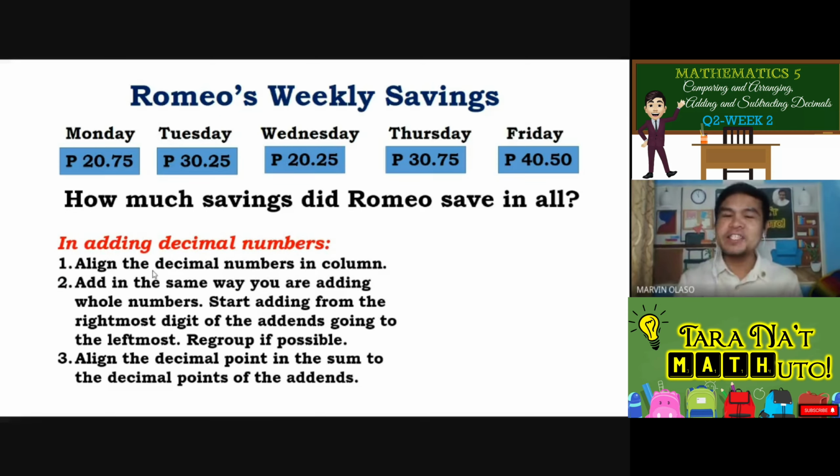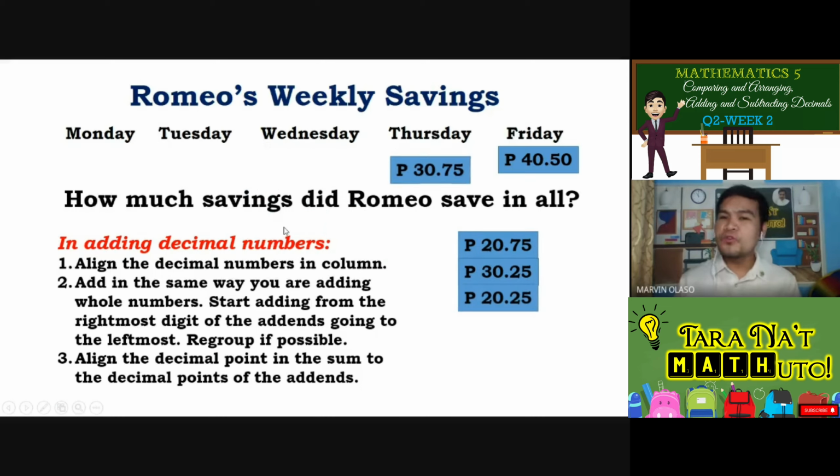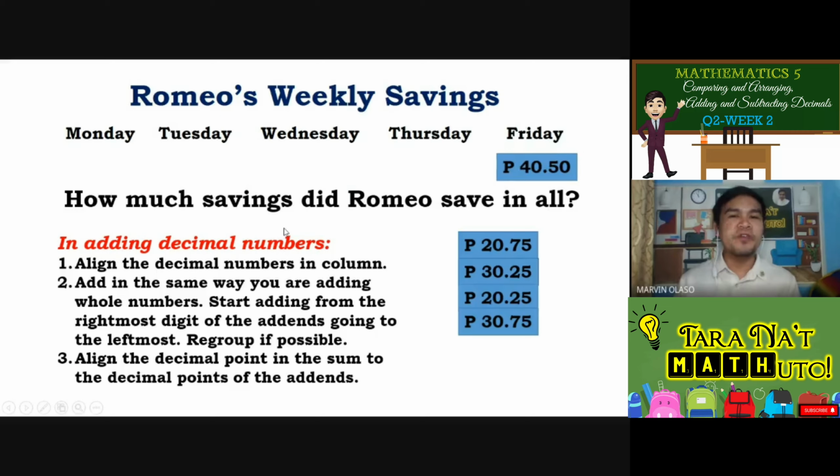In adding decimal numbers, we are going to follow steps. Step number one, align the decimal numbers in column. So yan ang ating gagawin. Isusulat daw natin or i-align natin ang mga numbers in column. So let's do that. We have the first, the second, the third, the fourth, the fifth.